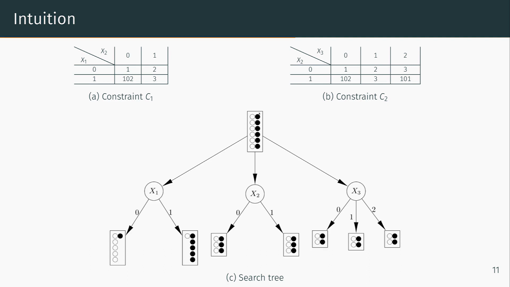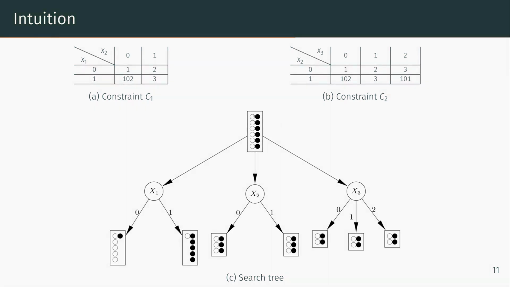In this figure, we represent each search node as a rectangle. This is the root rectangle where no variable has been assigned, and this rectangle represents the situation where x1 has been assigned to 0, and this rectangle means that x2 has been assigned 1.